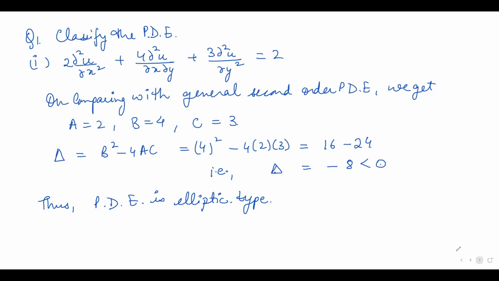So let me consider the second example here. I'm taking simple examples right now, and then after that, in the next lecture maybe, I'll be taking examples in which we have conditions on the region.